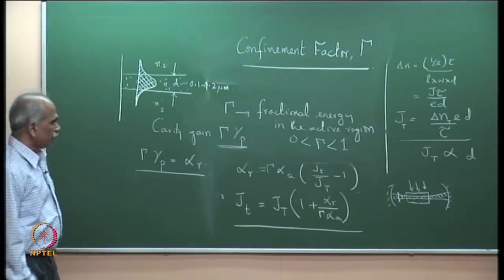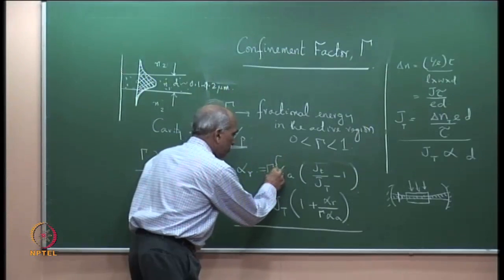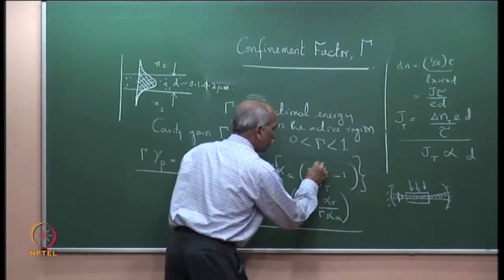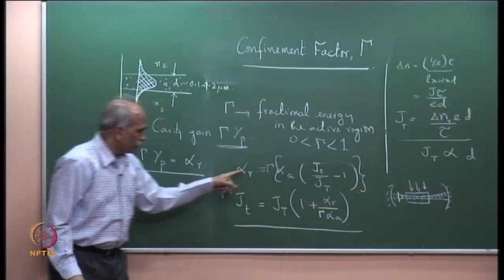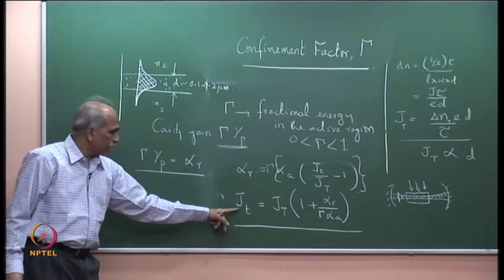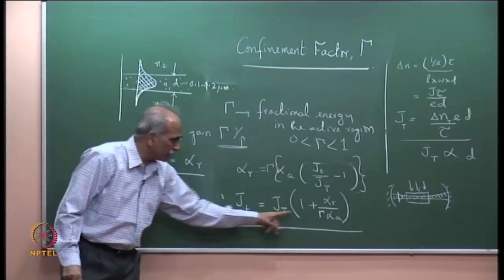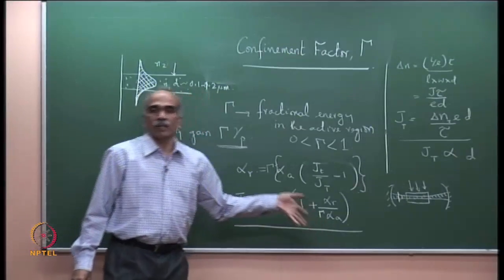You can write again: gamma times gamma p, this is gamma p, please see. So, gamma times gamma p has to be equated to alpha R, which gives you J threshold is equal to Jt divided by a factor gamma. Remember that gamma is less than 1.